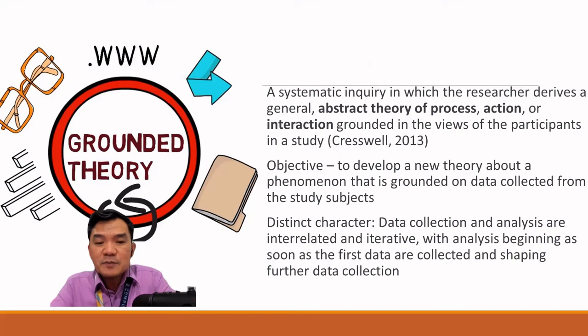Let's move on. The objective of grounded theory is to develop a new theory about a phenomenon that is grounded on data collected from the study subjects. That means it's possible for a grounded theory to formulate something out of the data from the participants rather than from reading the literature. A majority of research methods, particularly quantitative, use a deductive method.